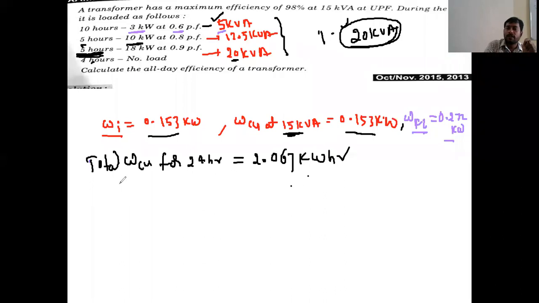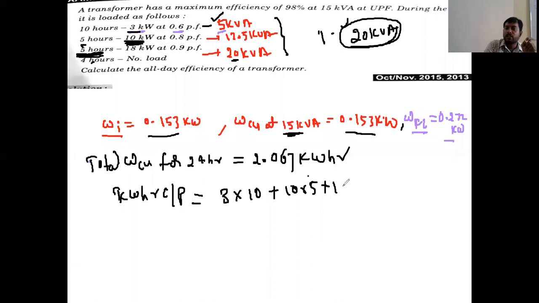Now we need to find the kilowatt hour output: 3 kilowatts for 10 hours, plus 10 kilowatts for 5 hours, plus 18 kilowatts for 5 hours.